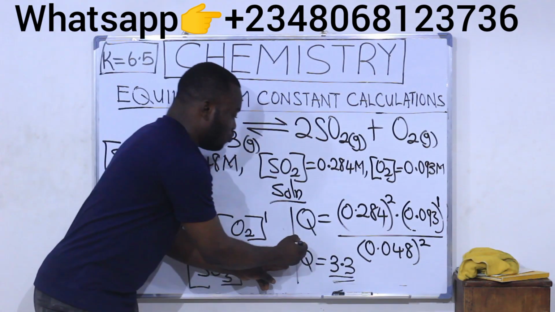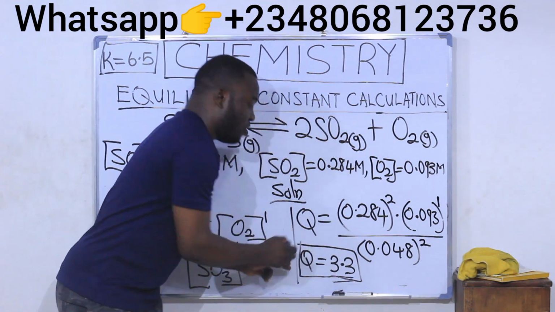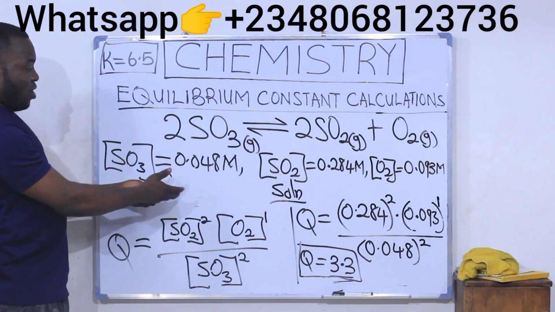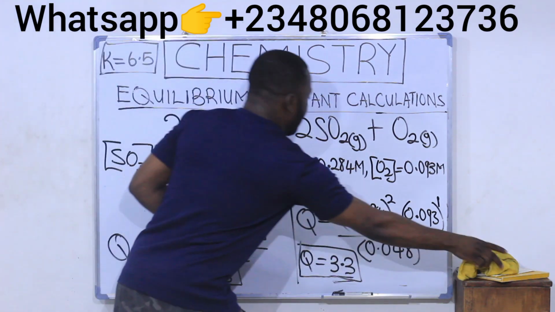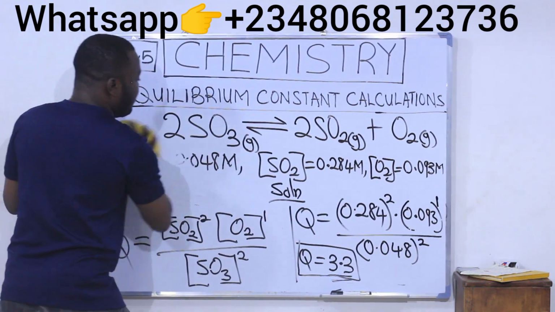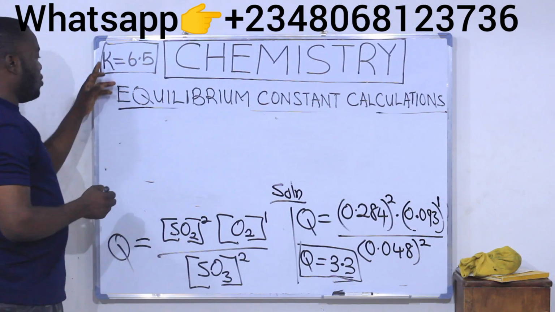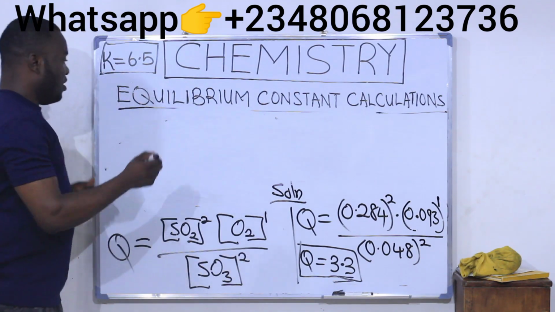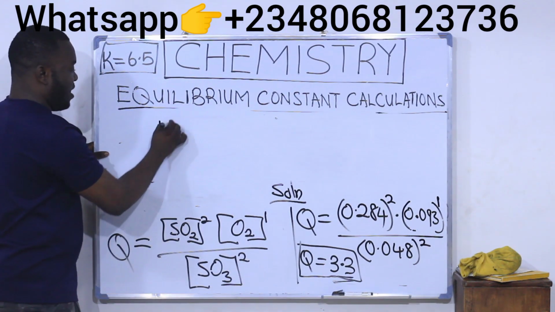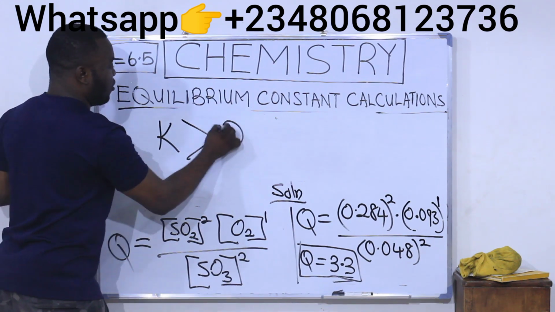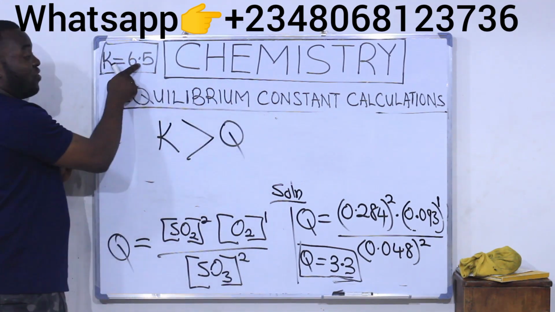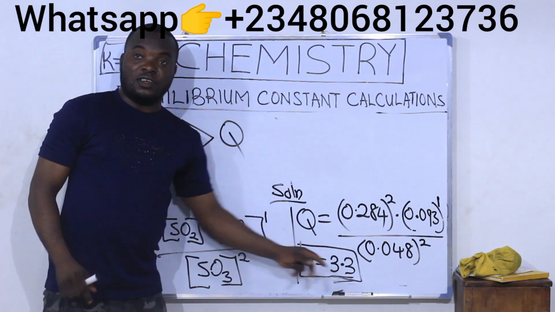Our Q value, which we just got, is 3.3. So from our observation, you can see that our K is greater than Q, because 6.5 is higher than 3.3.